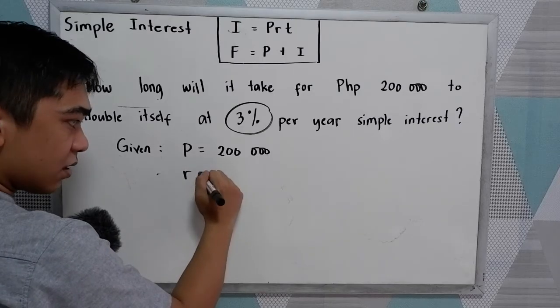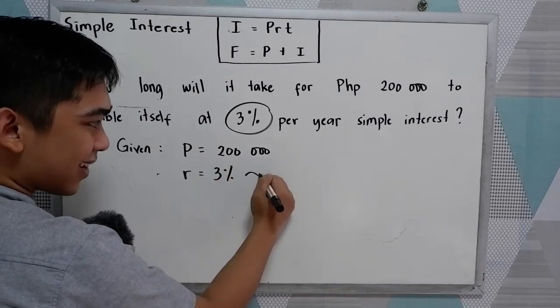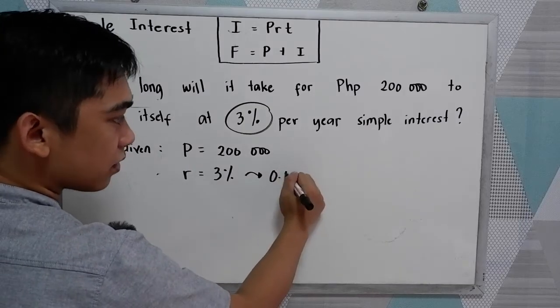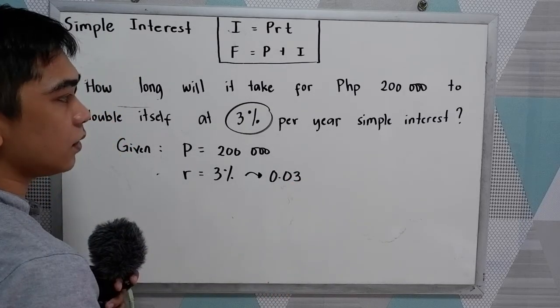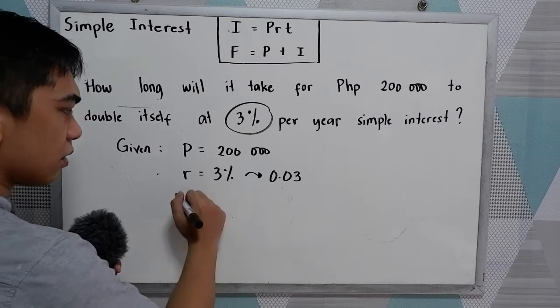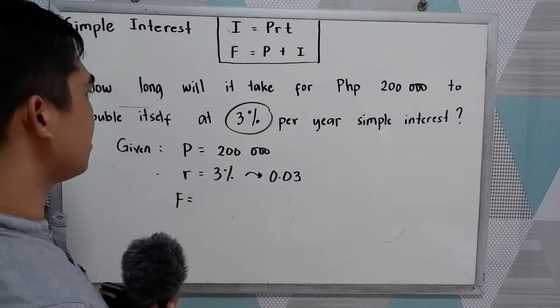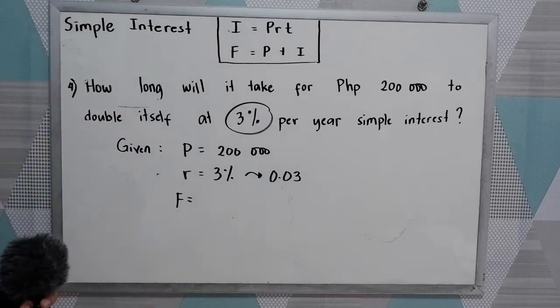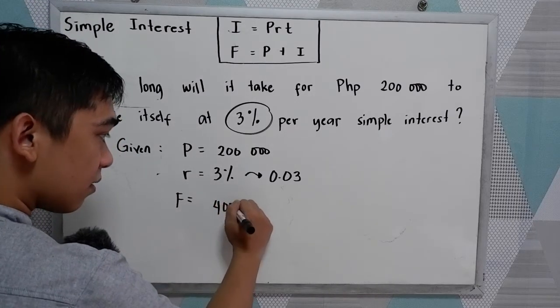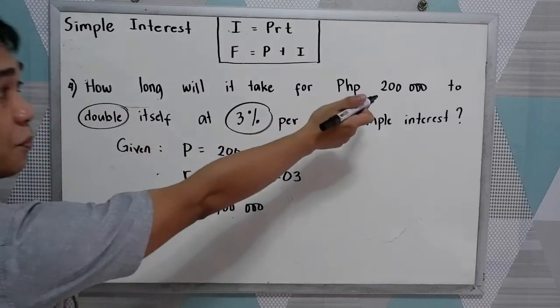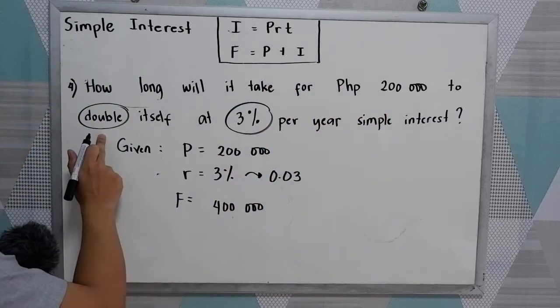That is our rate, and in decimal, that is 0.03. And we have the future value. The future value will be 400,000 because the principal must be doubled.